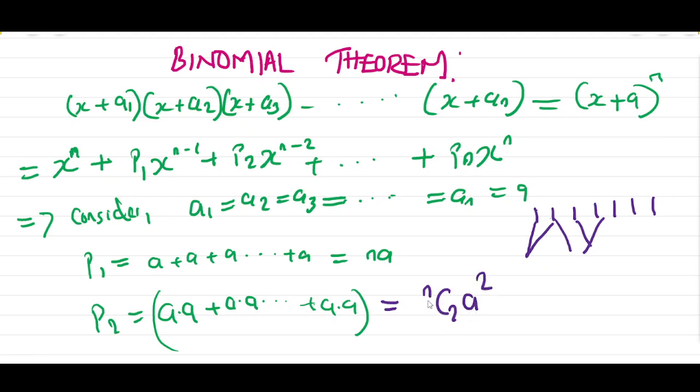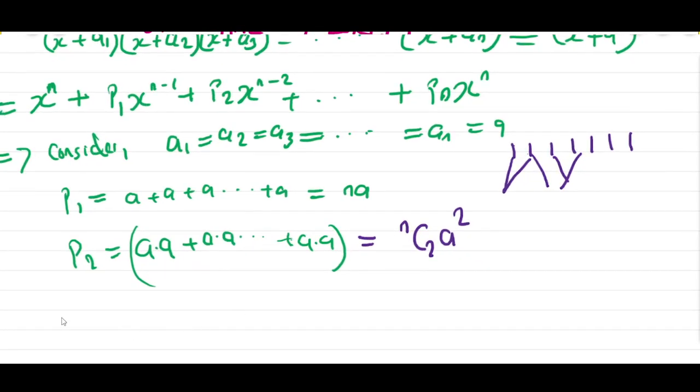Now n choose 2 is the number of times a squared would appear, and it is equal to the number of ways in which, given n things, we select 2. What about p3? Well, p3 would then be a multiplied by itself. I've already explained why we multiply itself, so if you're not following, I encourage you to go to the playlist and check the previous video.